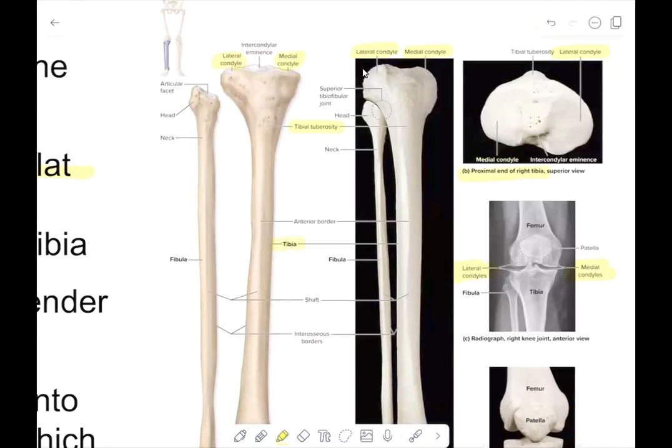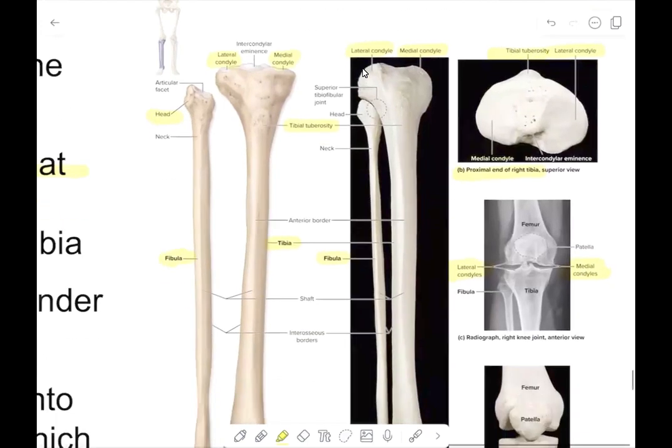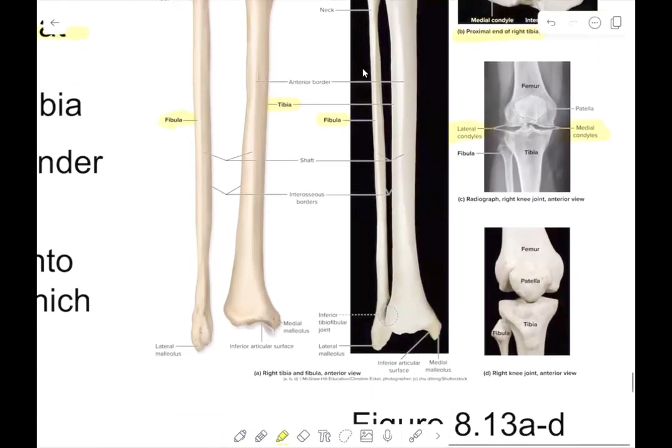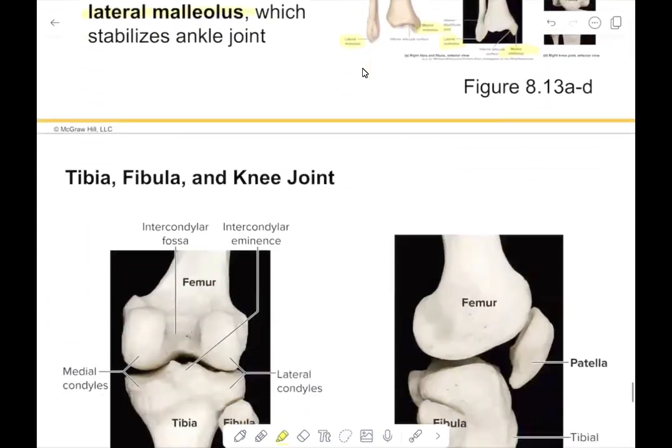Then at the proximal end of the fibula is the head. At the distal end of the tibia and the fibula, we find the malleoli, the lateral malleolus on the fibula, the medial malleolus on the tibia. Those would be all of the different bone markings that you need to know on those bones.